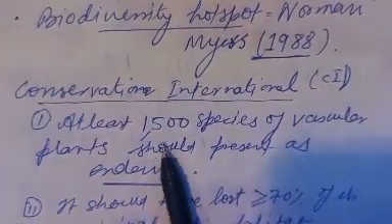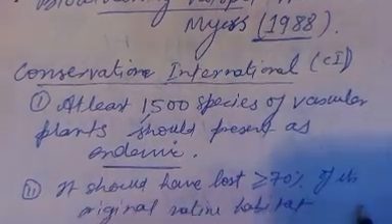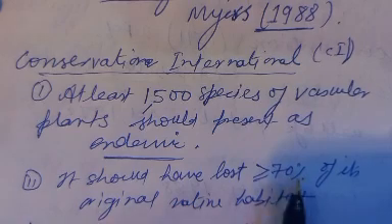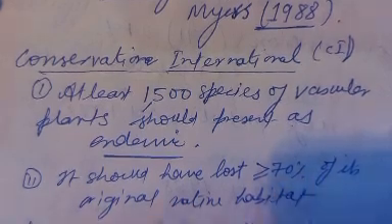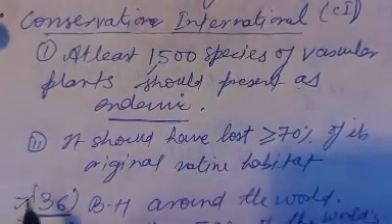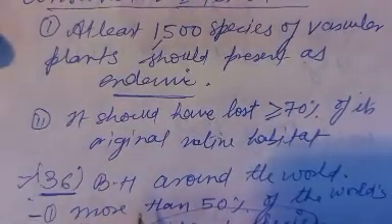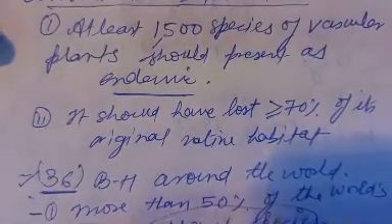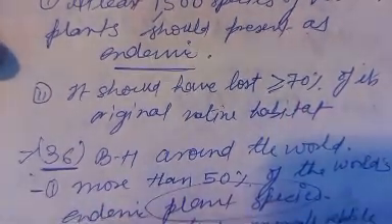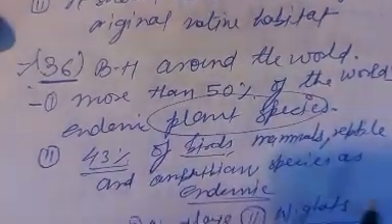First one is at least 1500 species of vascular plants should be present as endemic, and the second one is it should have lost equal to or more than 70% of its original native habitat. There are 36 biodiversity hotspots around the world, and these 36 hotspots have more than 50% of the world's endemic plant species and 42% of the birds, mammals, reptiles, and amphibian species as endemic.